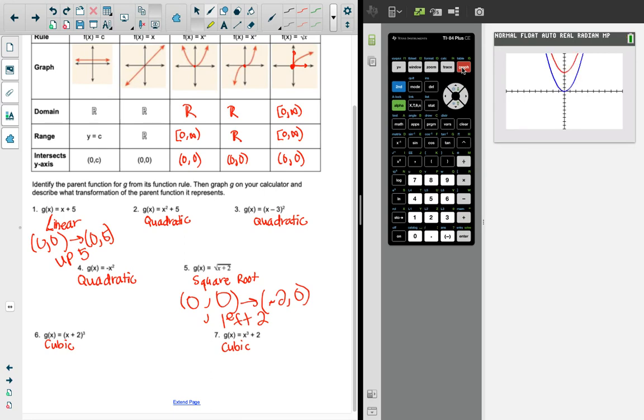All right, so what does it look like that one is doing? Again, if you look at your original, how did that shift? Well, this one, the blue one, it looks like I just took it and moved it up 5. Okay, up 5.